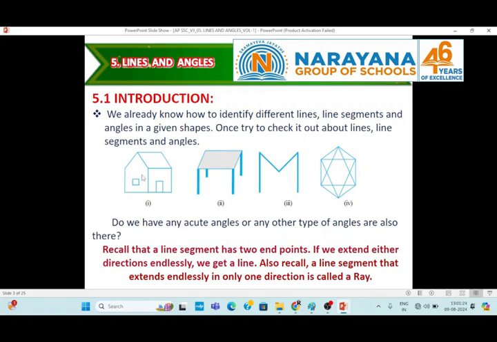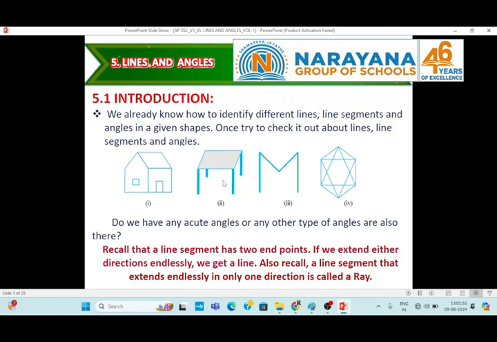For example, what are the line segments from here to here? 1, 2, 3, 4, 5, 6, 7, 8, 9, 10, 11, 12, 13, 14, 15, 16 and 4. We have nearly 20 line segments. Similarly, 1, 2, 3, 4, 5, like that. We can count the line segments from this also.